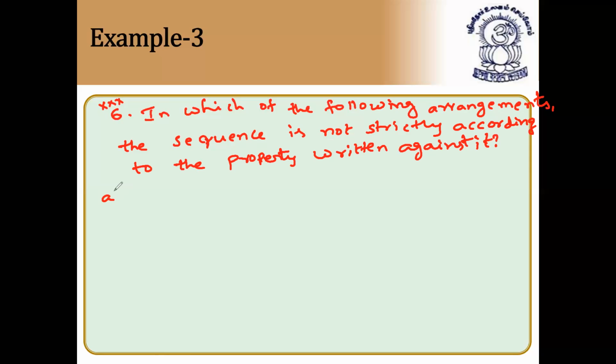First, option A: carbon dioxide is less than silicon dioxide, less than tin dioxide, less than PbO2. The property is increasing oxidizing power.